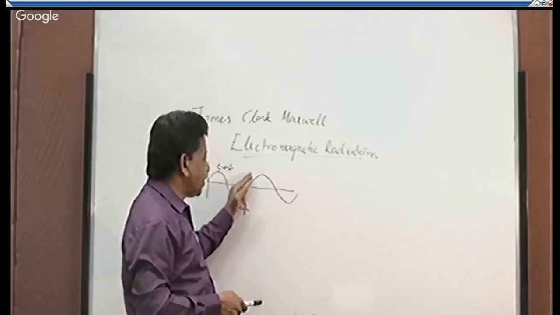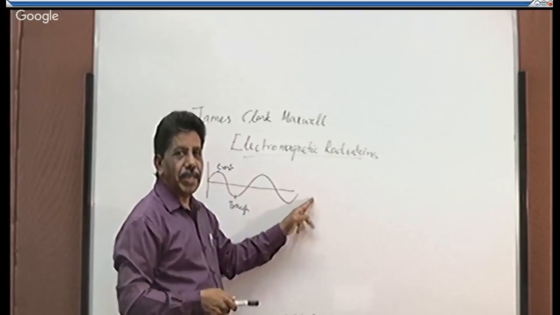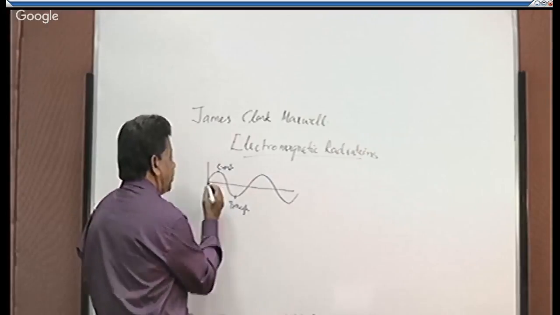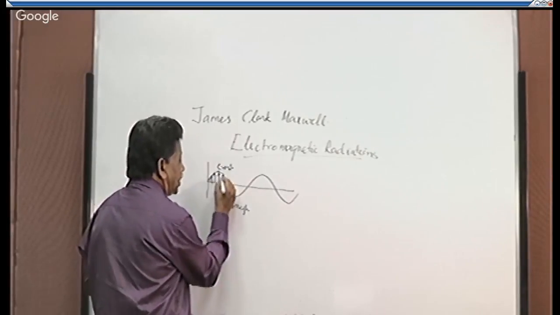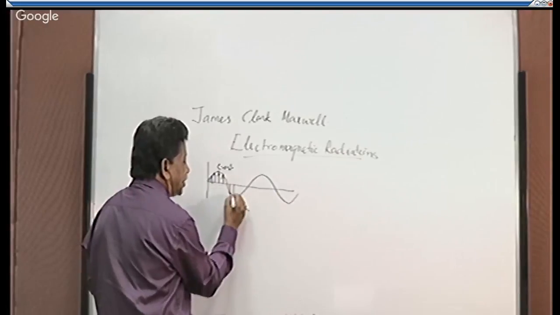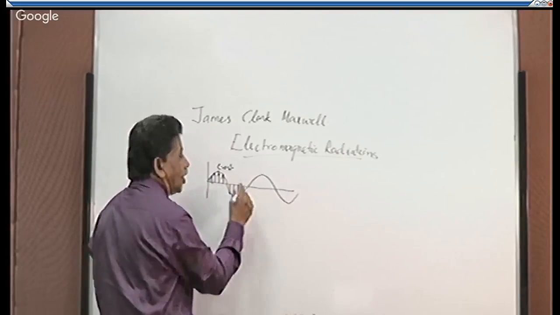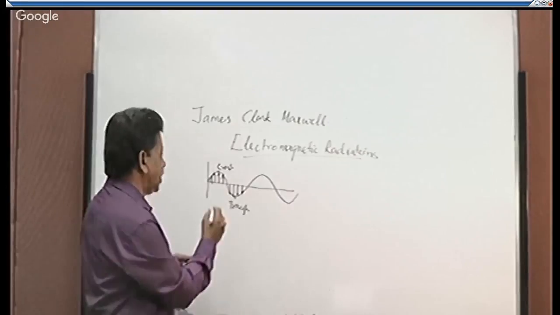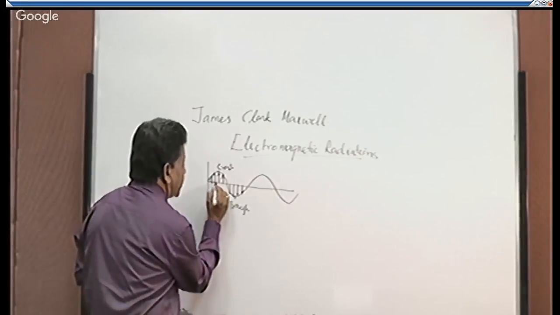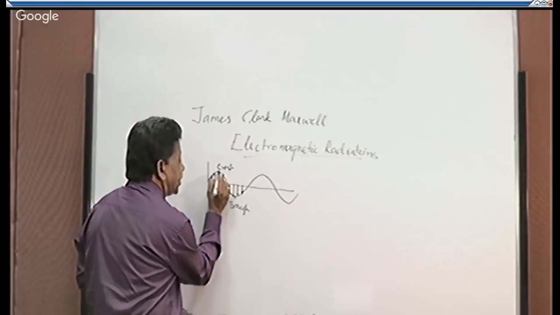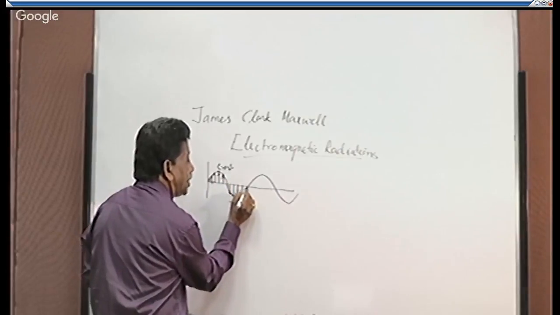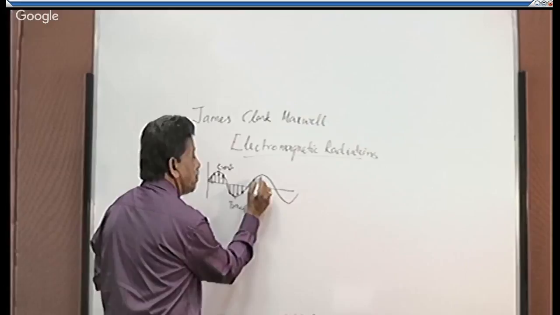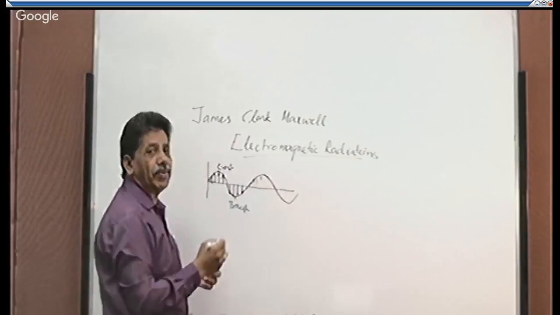Likewise here, consider this as one wave, which may be due to the fluctuation in the field. Fluctuation means the strength of the field either increases or decreases, or it changes its direction. As we move in this direction, first the field increases, decreases, and it goes in the opposite direction. Again it increases further, decreases, and so on and so forth.